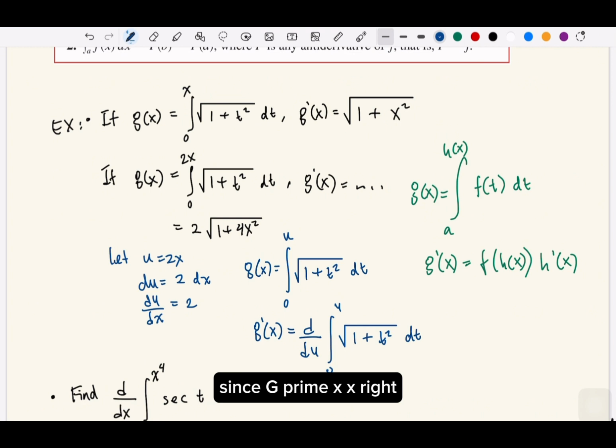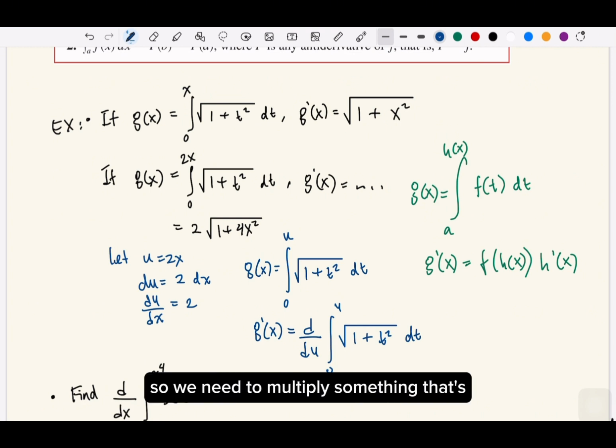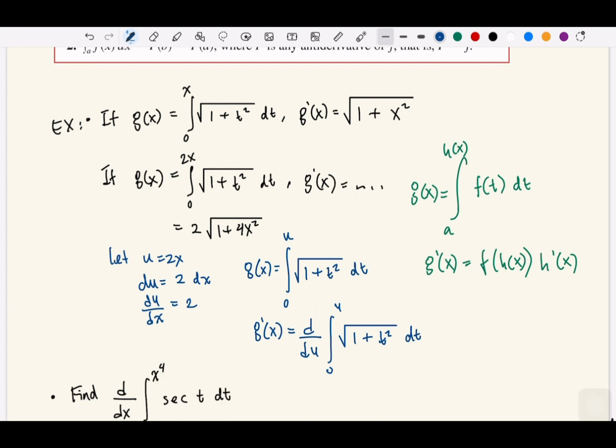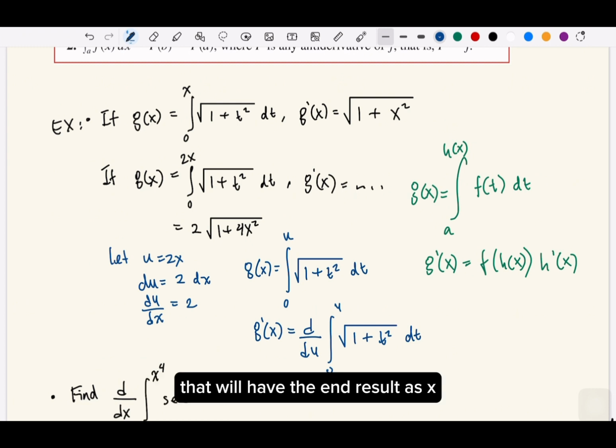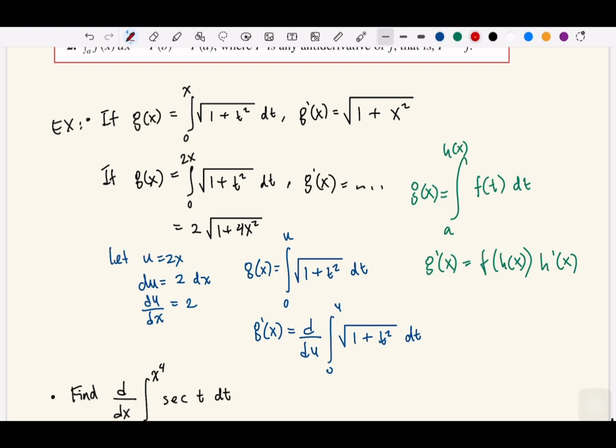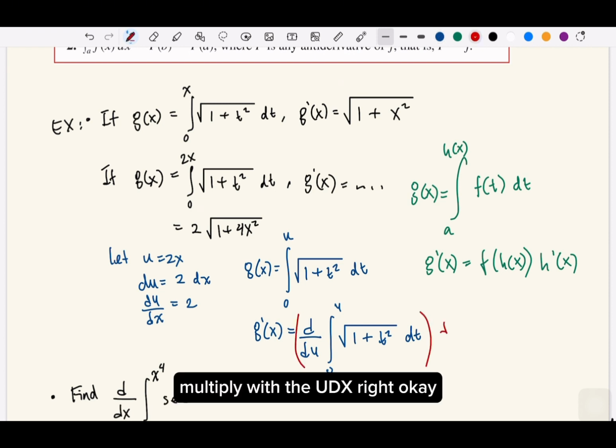Since it's g prime of x, right, it's not u, so we need to multiply by something that will give the end result as x. Okay, so we need to take this into the chain rule, multiply with du/dx.